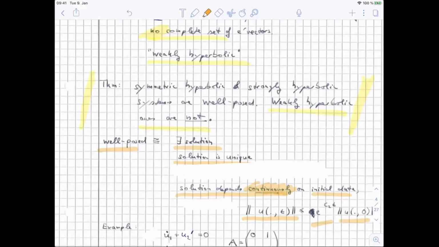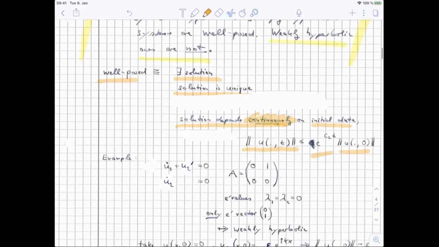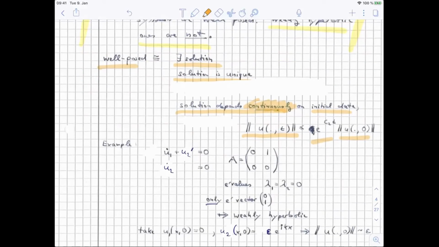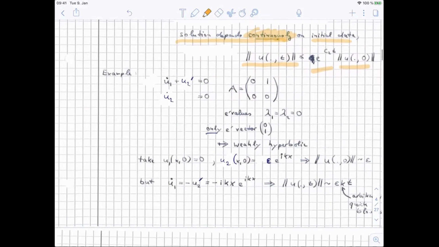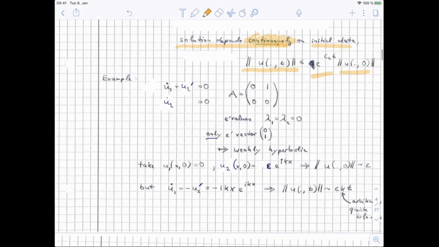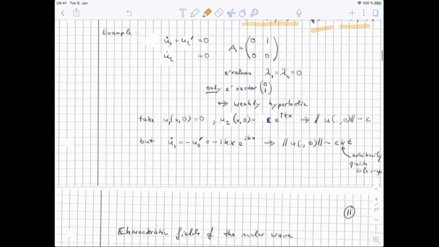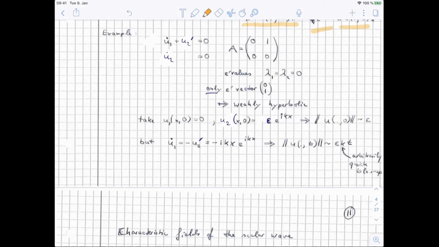So, what happens when you have non-hyperbolic systems? How can things go wrong? Here's the simplest weakly hyperbolic system that I am aware of. It's two equations: the time derivative of u1 plus the gradient of u2 equals 0.